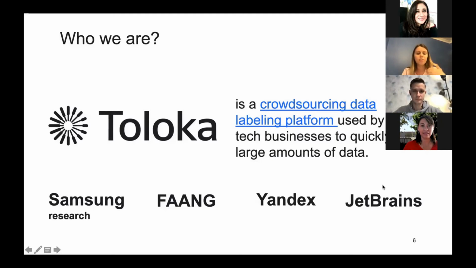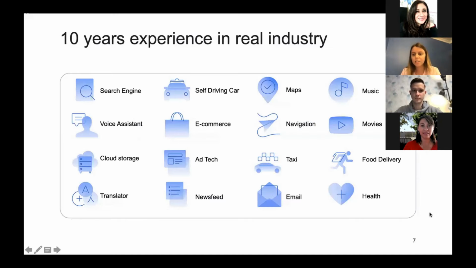On the slide you can see some of our clients. Toloka has 10 years of experience with real industry. Here you can see some of the products we work with, from search engines and voice assistants to self-driving cars, e-commerce, food delivery, and so on. That gives us lots of experience with machine learning technologies, and they are all based on Toloka as a data labeling platform.